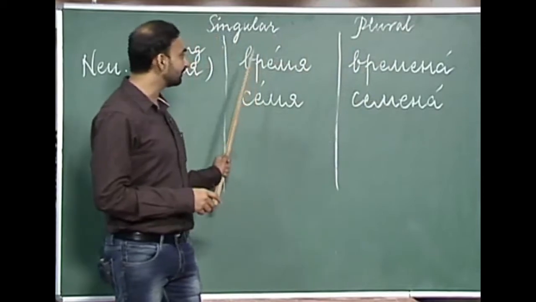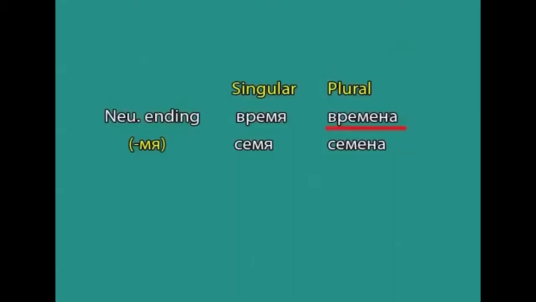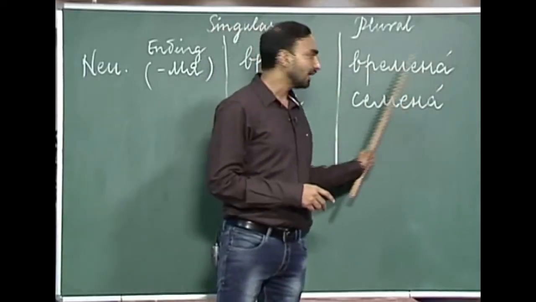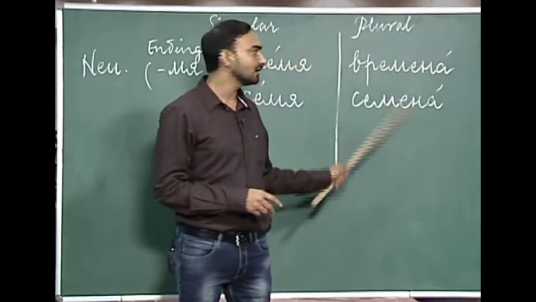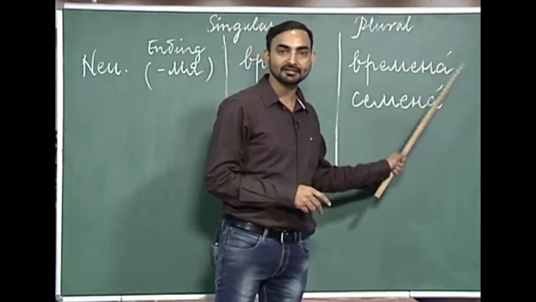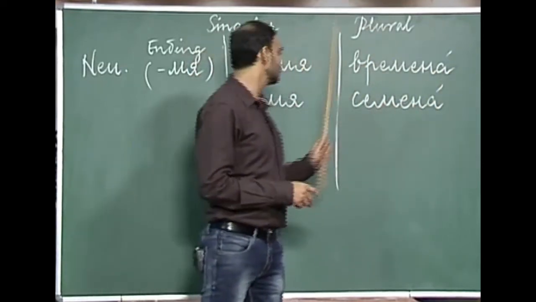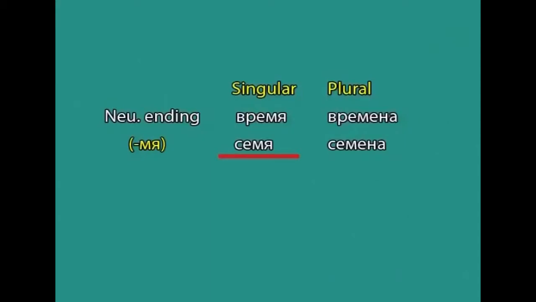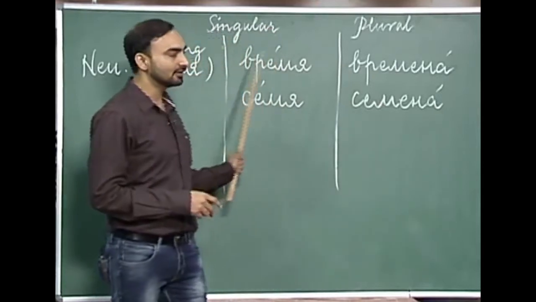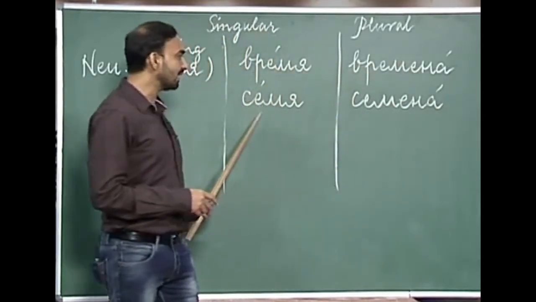So, the plural of vremya is vrimina, and you have to keep in mind that in all these plurals the stress will be on the last a ending. So, vremya, vrimina, semya, plural will be semina, seeds.